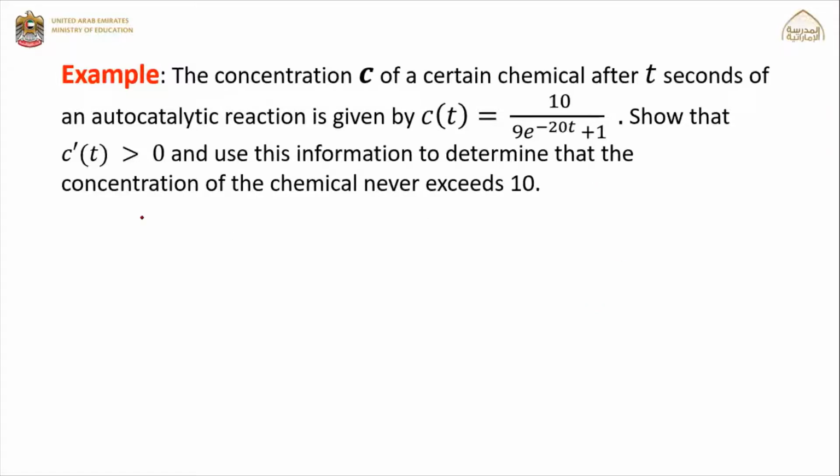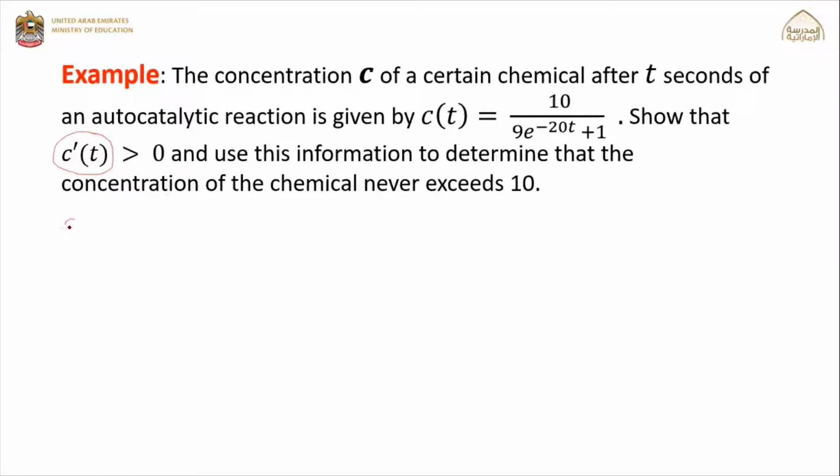Show that C prime of t is greater than 0 and use this information to determine that the concentration of the chemical never exceeds 10. So first of all, I will start by finding C prime of t.